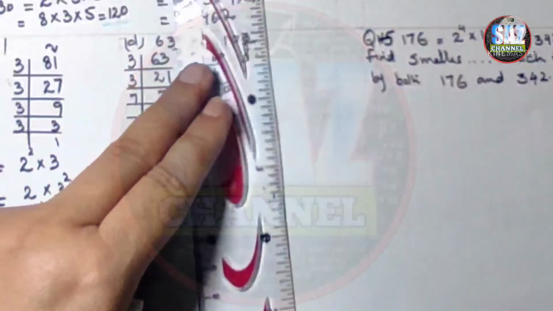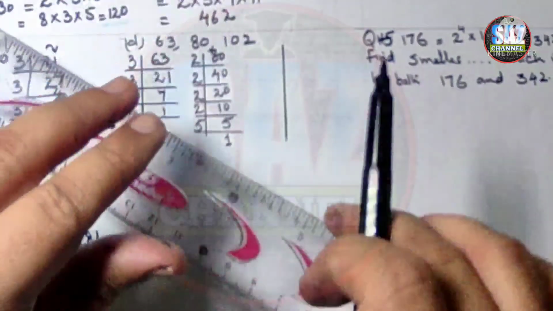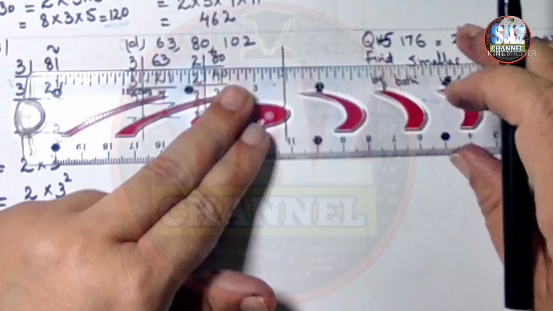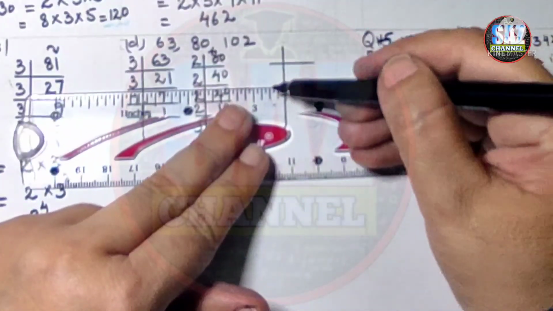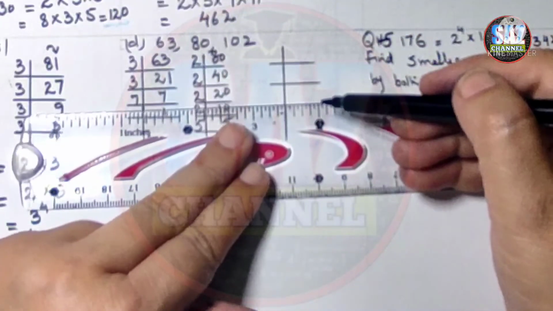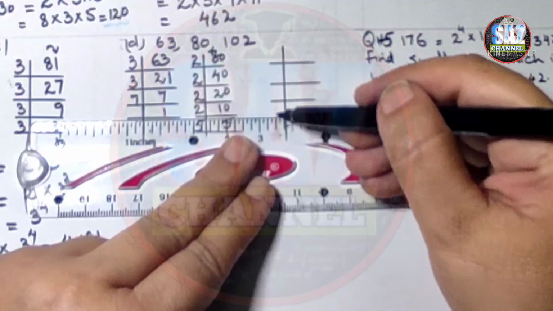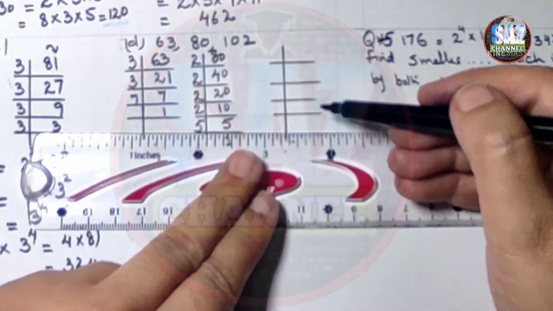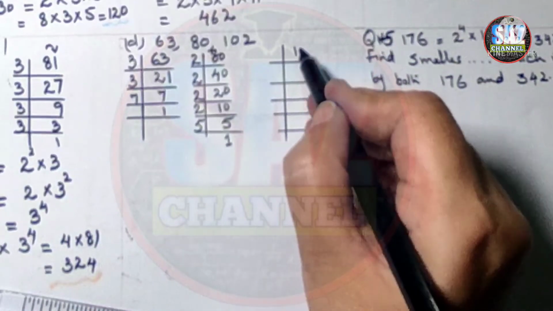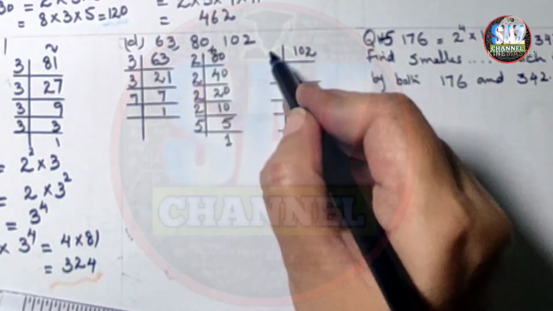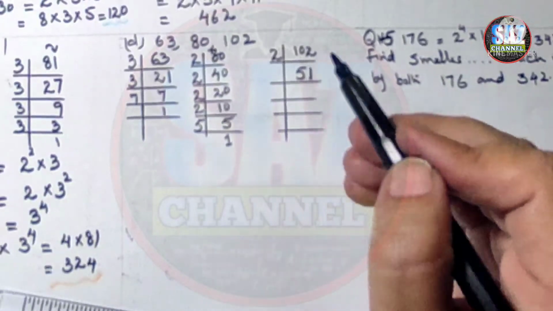And moving to the last number, which is 102. Again, students, think about the number that we can use, or by which prime number we can divide this number. As the unit digit is 2, that is even, so we can easily go with table of 2. 102. 2 how many times? 2 51s are 102, and 51 1 times.